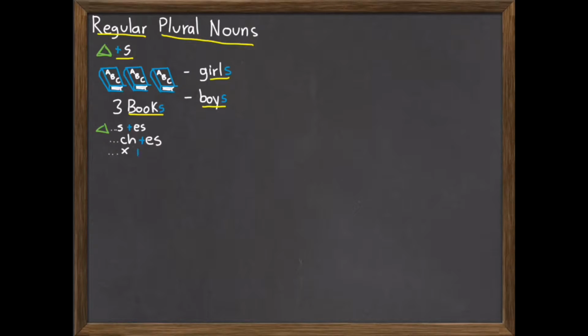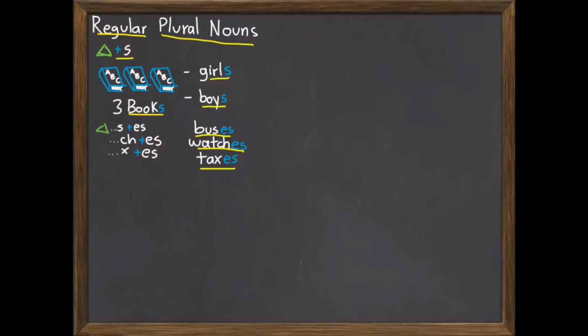S, CH, or X. For example, bus would turn into buses. Watch would turn into watches. Tax would turn into taxes. Buses, watches, taxes.